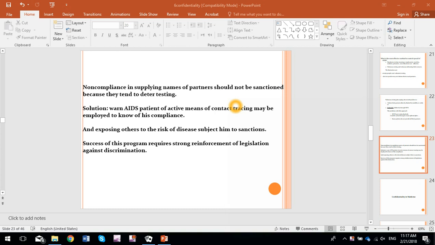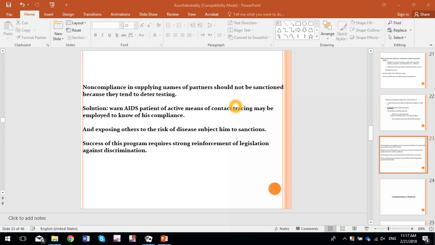Now, non-compliance in supplying names of partners should not be sanctioned. We cannot force those who voluntarily tested for HIV and came out positive.